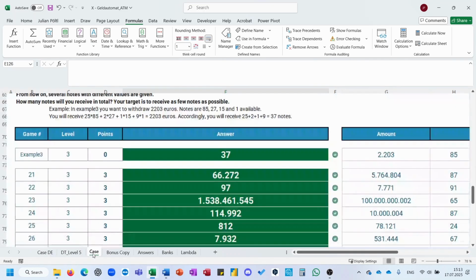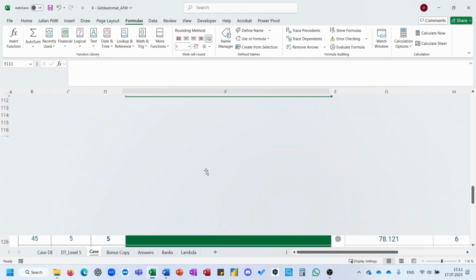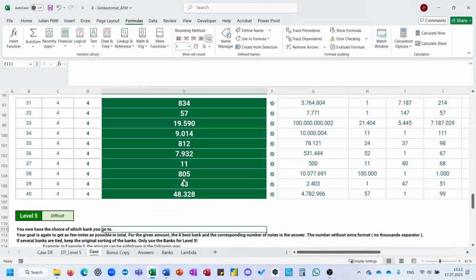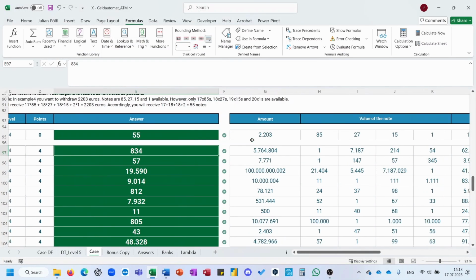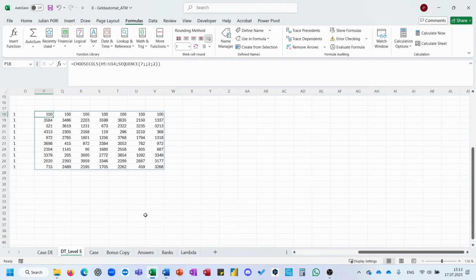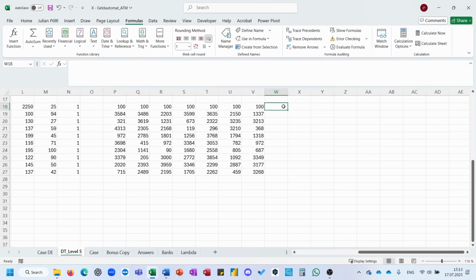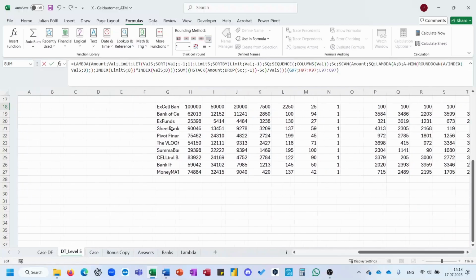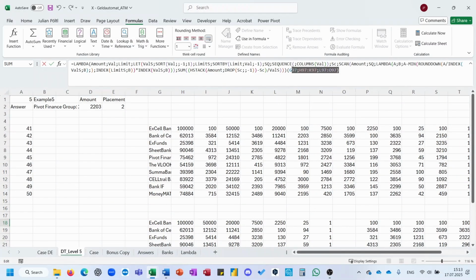And I now can elaborate on the lambda I've created for prior levels. Here we go. My amount is given here.